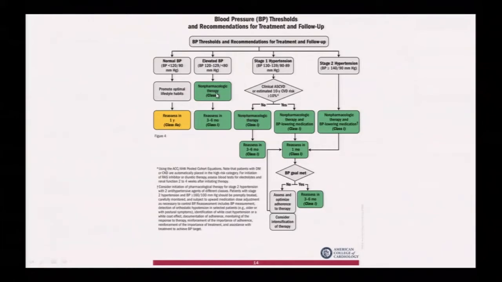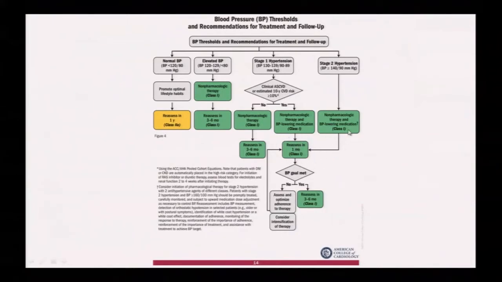However, if you notice, non-pharmacological therapy is really important along the entire, all 4 groups here. And even in people with normal blood pressure, we should still talk to them about non-pharmacological therapies such as weight loss, physical activity, healthy diet, even if they don't have hypertension, because we should all do that, healthy and not healthy people.